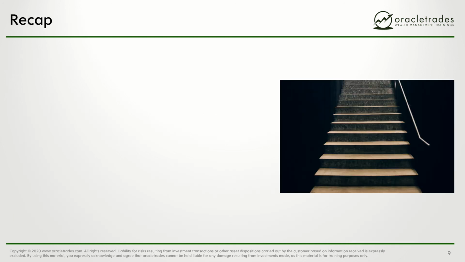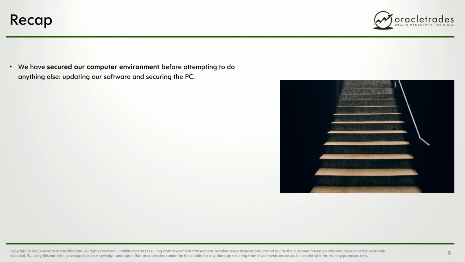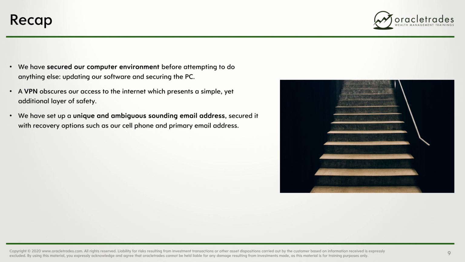So let's recap what we've discussed today. We've secured our computer environment before attempting to do anything else, updating our software and securing the PC. If we have a VPN, we've used it to obscure our access to the internet, which presents a simple yet additional layer of safety. We've set up a unique and ambiguous sounding email address, secured it with recovery options such as our cell phone and primary email address.